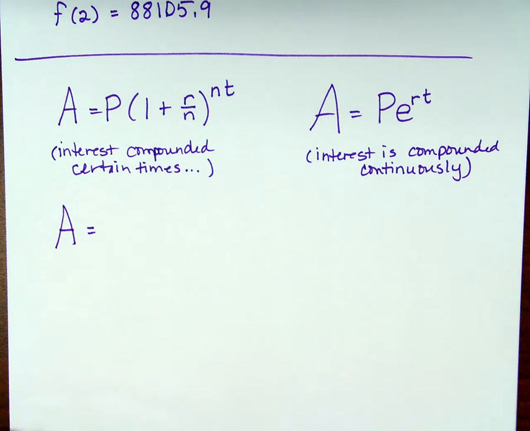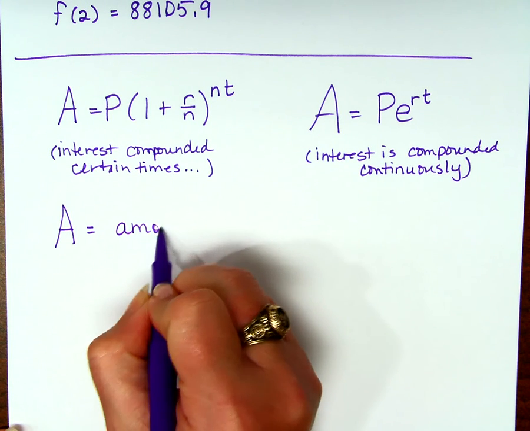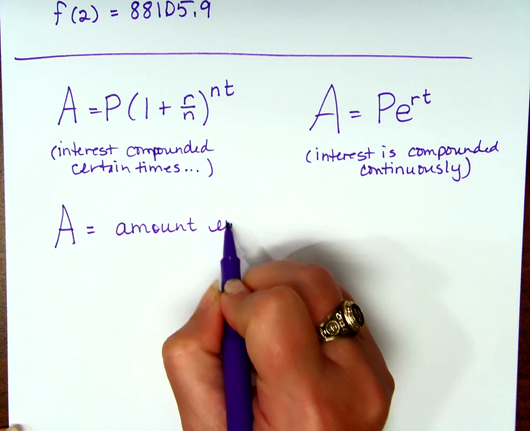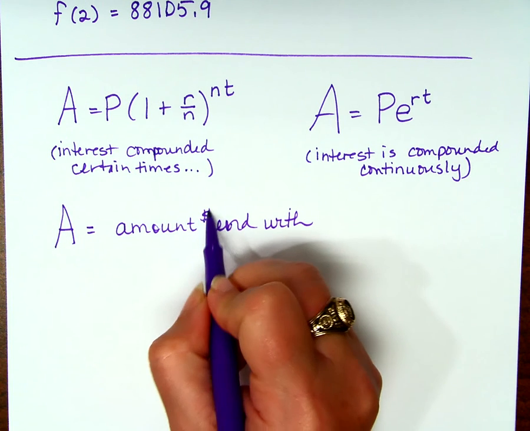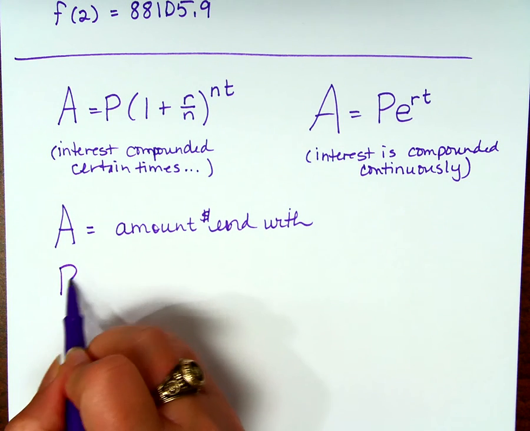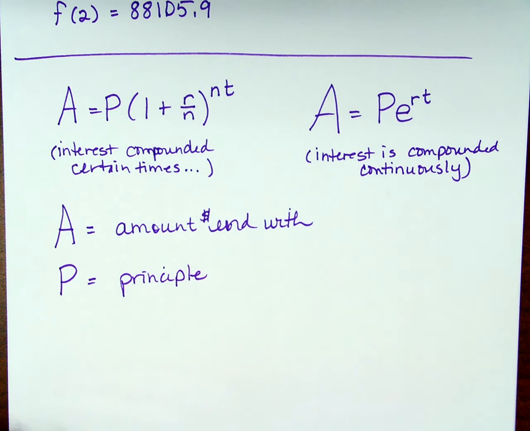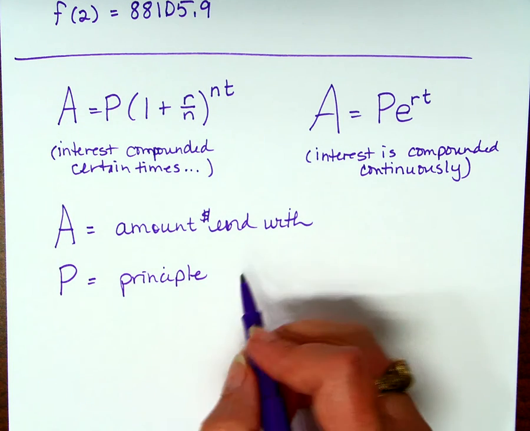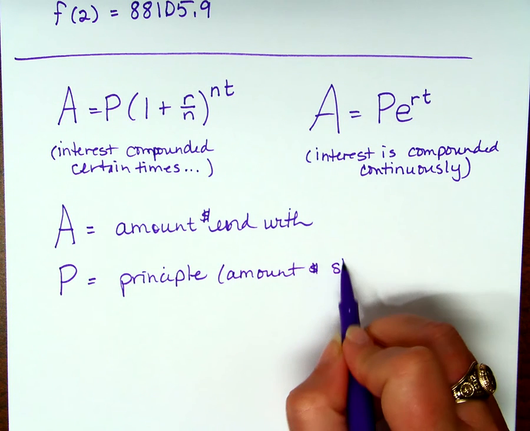Either formula, either one that you look at, A is the amount that you want to end with. In fact, the amount of money that you end with. P is the principal, the amount of money that you start with.